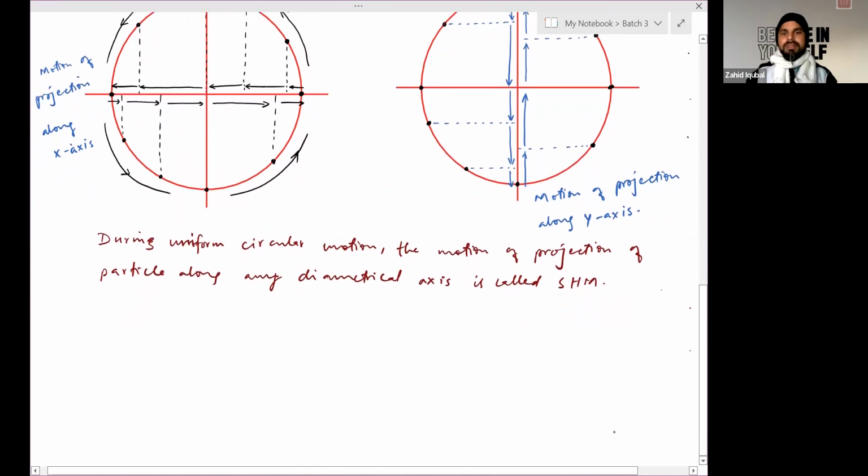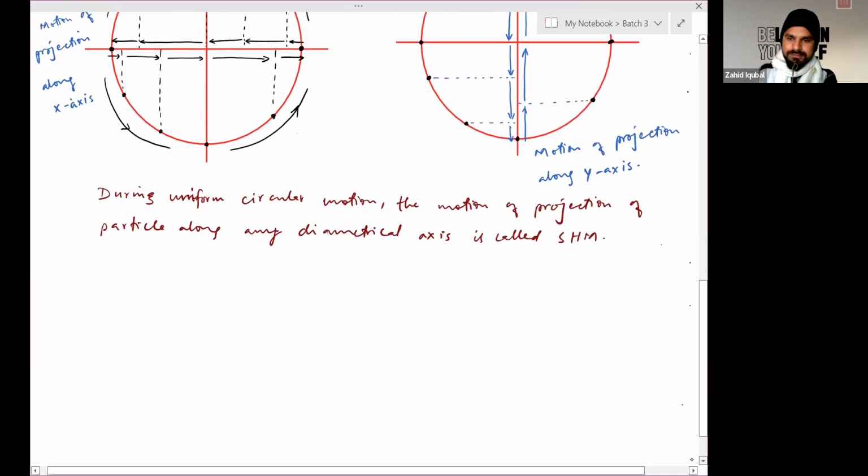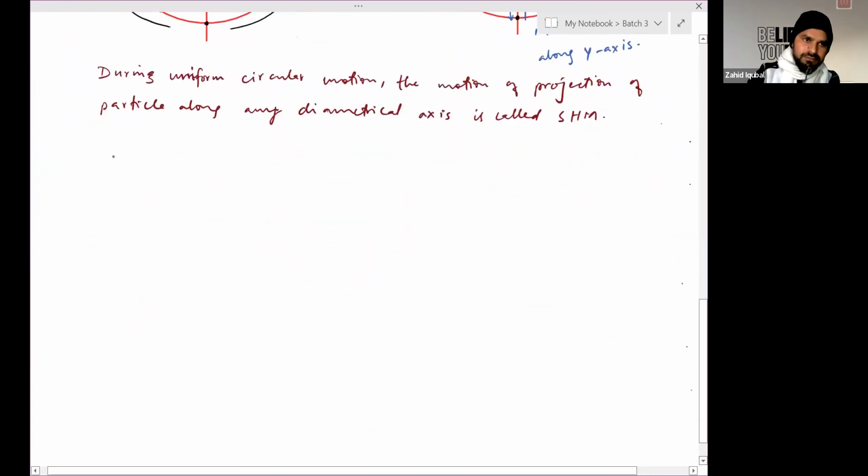Now, using this concept, let me define your equation of SHM. So next is equation of SHM.